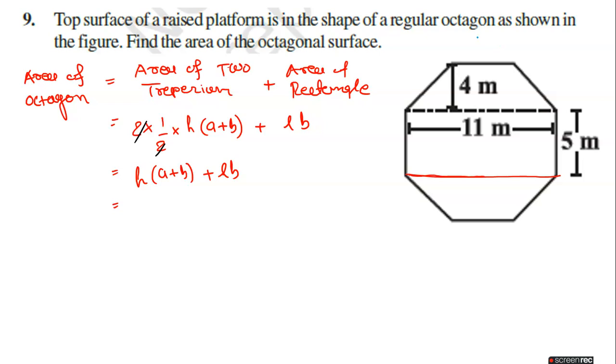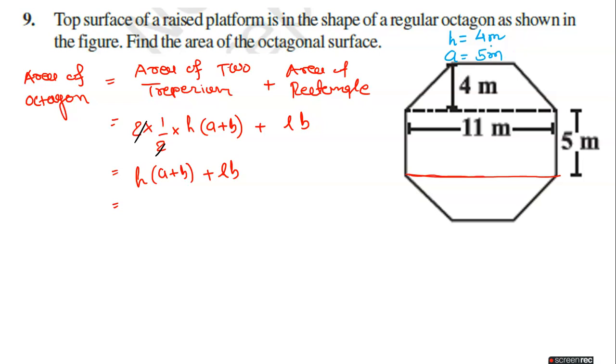So first I will write down here h. Let me write h is equal to 4 meter. Now a plus b. So a is equal to 5 meter because all the sides are the same, 8 of the sides are the same for an octagon. So a is, yes, regular.